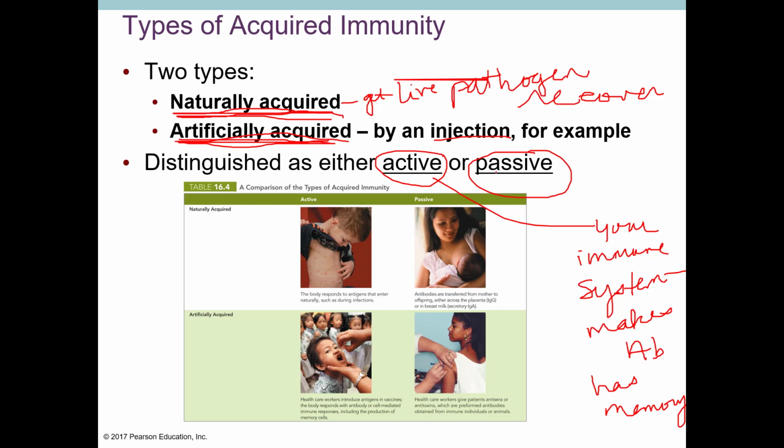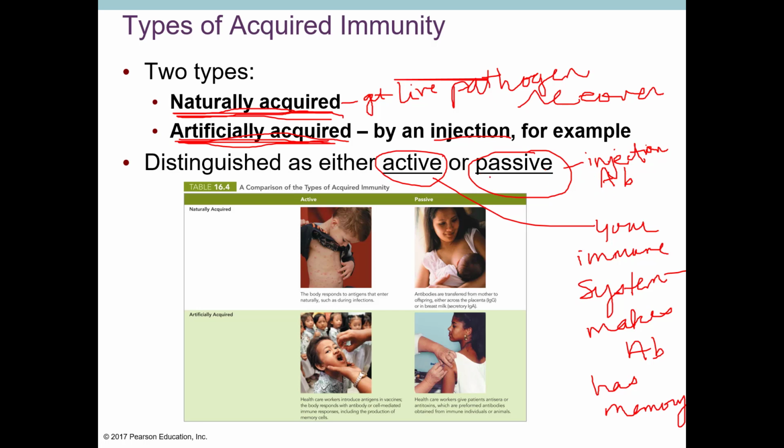There is also something called passive immunity. With passive immunity, there are no memory cells. Your immune system didn't make the antibodies. If I injected you with antibodies, then because it's an injection, it's artificially acquired, and if it's antibodies that your own body didn't make, but maybe they were made in a laboratory, then your body didn't make them.